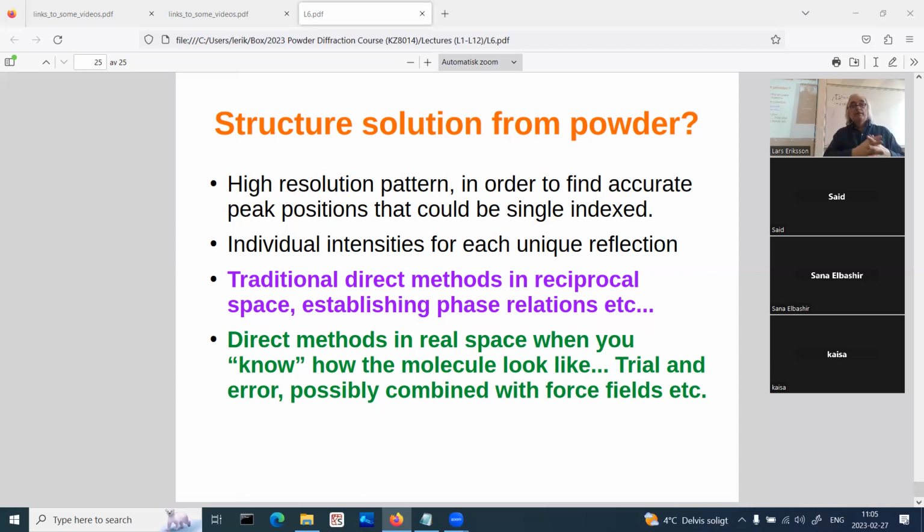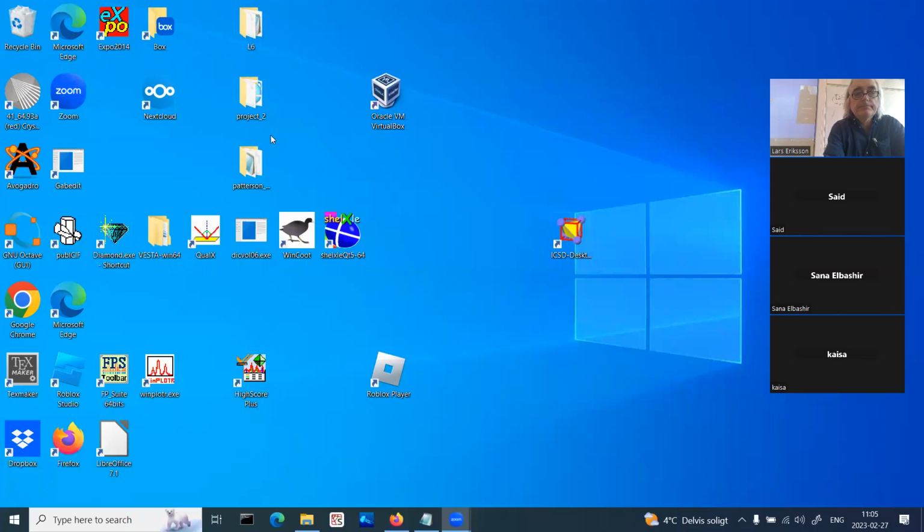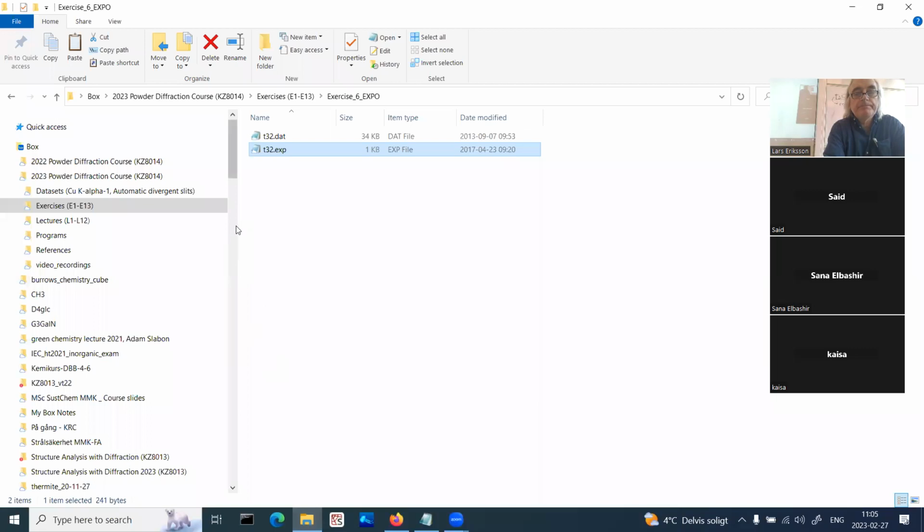But suppose we have a pattern. Now let's see, how do I get out of this? I did put up on the Box area, powder diffraction and exercises, exercise 6, EXPO. I will put up some more stuff and demonstrate some things during the afternoon.